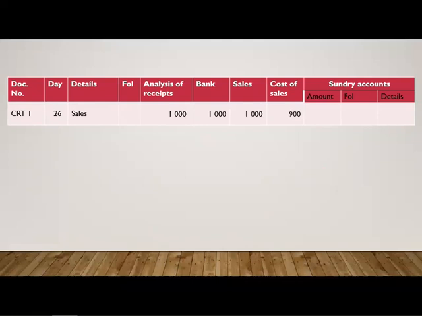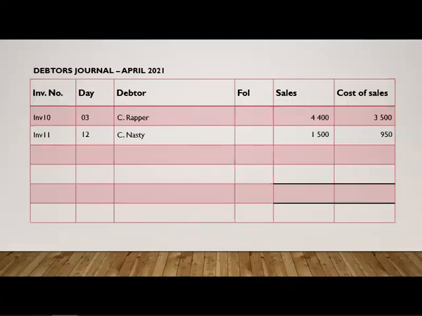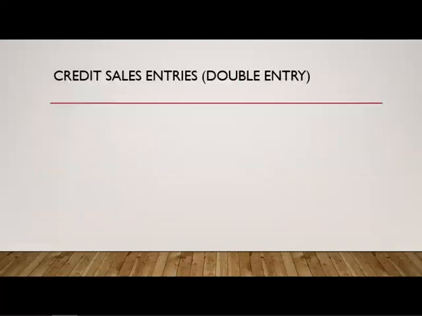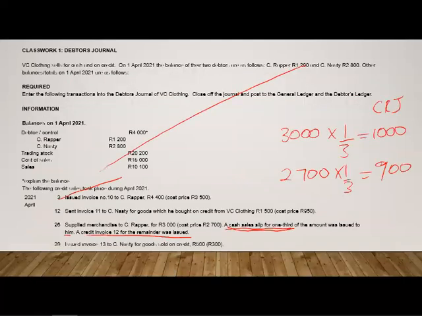Remember what I've said. Only 1/3 went to the CRJ. Now it means we need to find the 2/3, which is the remainder. You will find 2/3 of 3,000, which will give us 2,000, and you'll get 2/3 of 2,700.